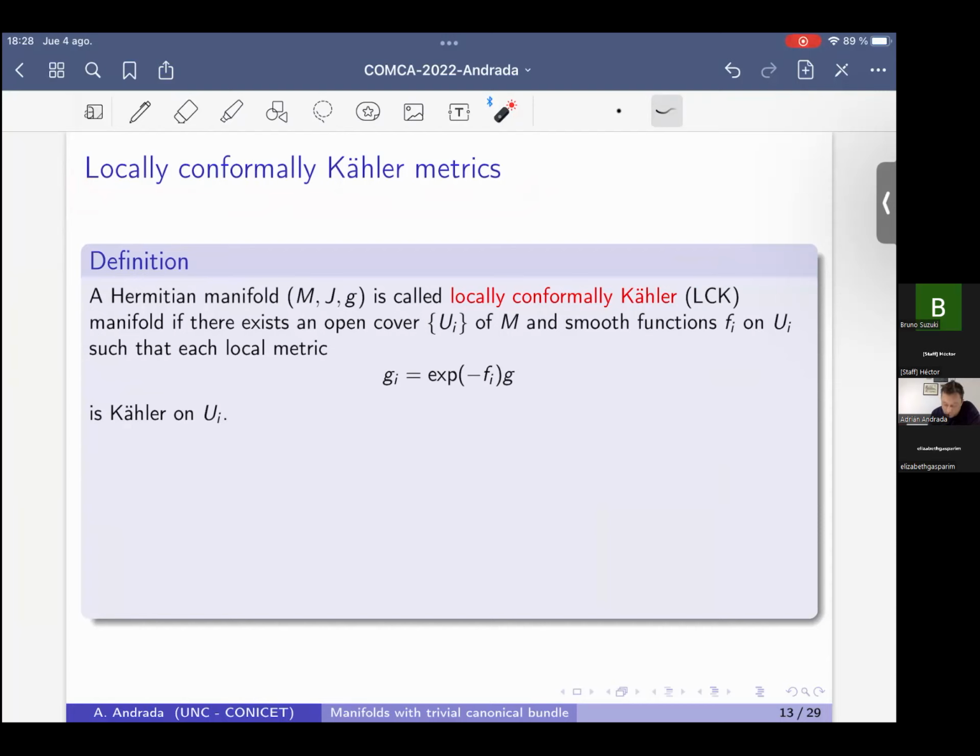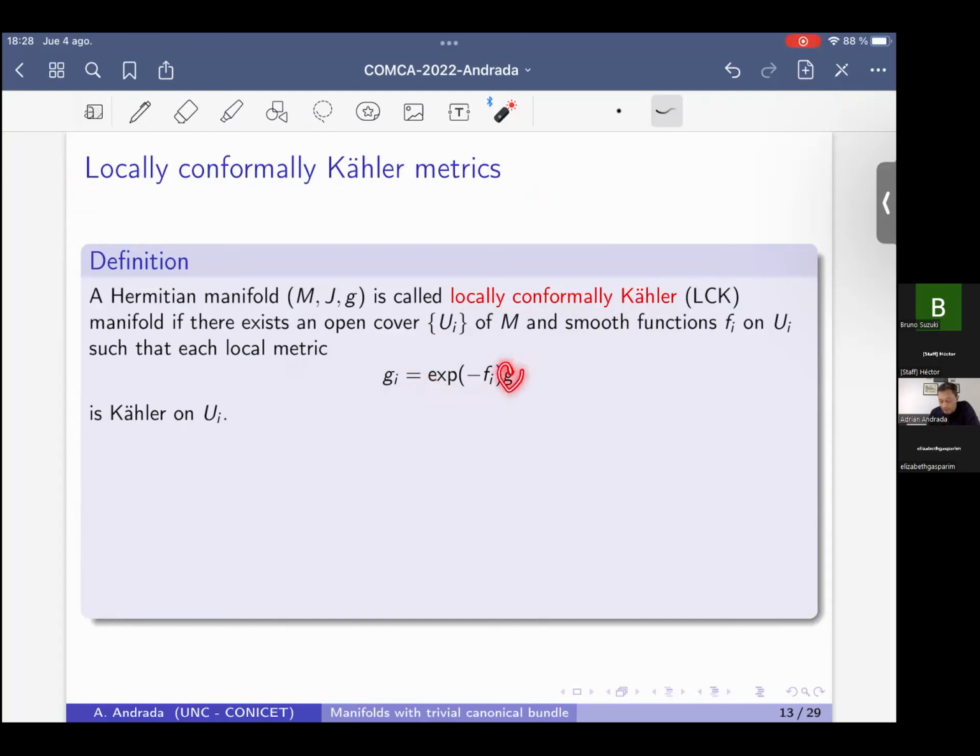First, one definition that probably you all know: a Hermitian manifold is called locally conformally Kähler if there exists an open cover of M and smooth functions on each open set such that the conformal metric on each subset is Kähler.